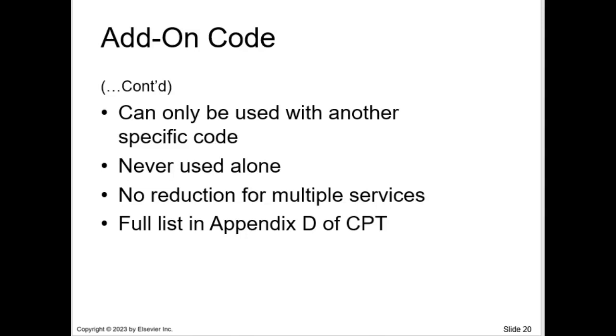Okay, what is the purpose of an add-on code? So a lot of times using an add-on code is to show the furthest extent of the procedure. So I would say right now, go ahead in your books, it's in the surgery section, okay, and look for those add-on codes. See what you find. Try to find one.